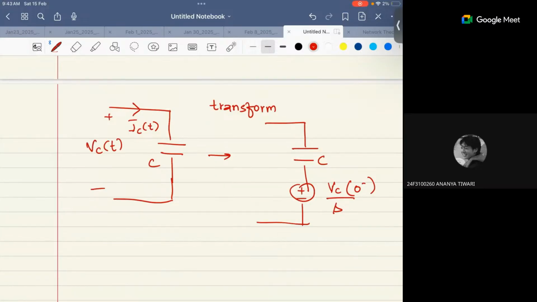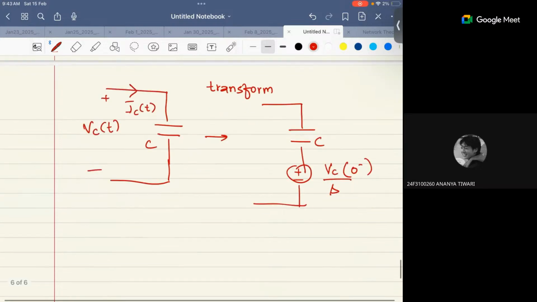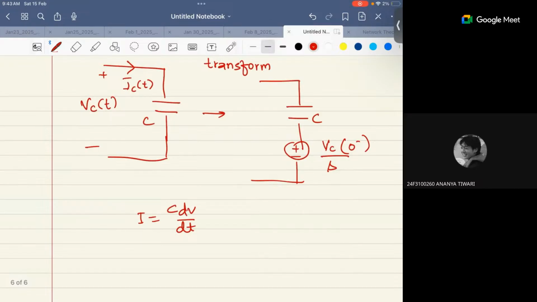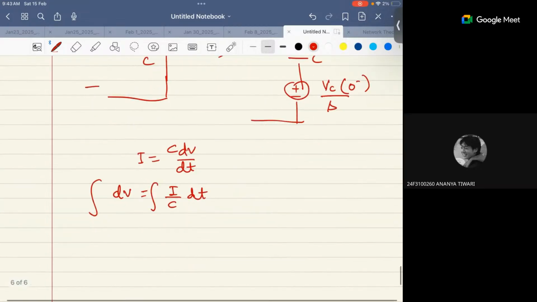See, what is the equation? C dv by dt for current, right? If you have to calculate the voltage, dv equals I by C dt, right? You integrate it. Correct.